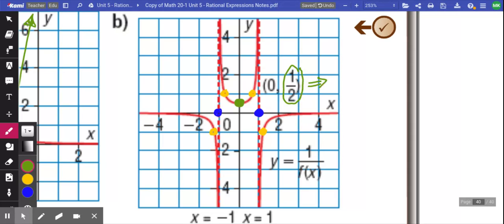So when you do that vertex, it's going to turn into +2 right there. And now I can play connect the dots. My graph looks like this. That was my original function.